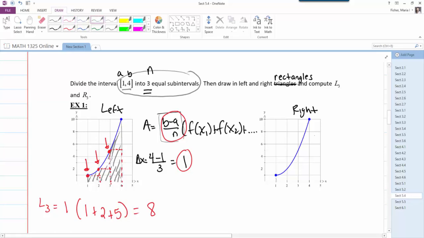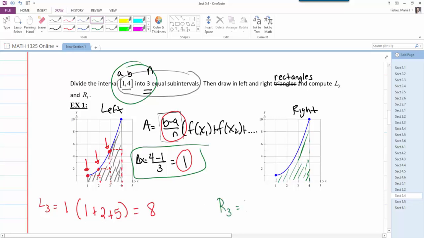Let's do the same thing over here, but let's use right endpoints. So again, I'm looking for this area right here, but I'm going to be using my right endpoints. My delta x is still going to equal 1. So my right endpoints, R sub 3, is going to equal 1 times, well, now I have to find all my right endpoints. So I'm looking at this rectangle here, and this rectangle here, and this rectangle here.